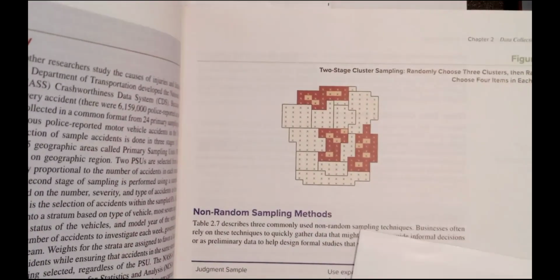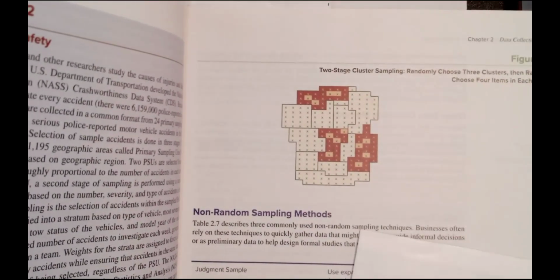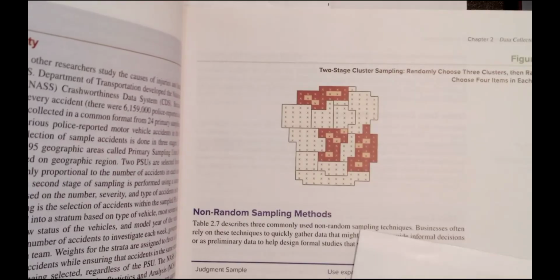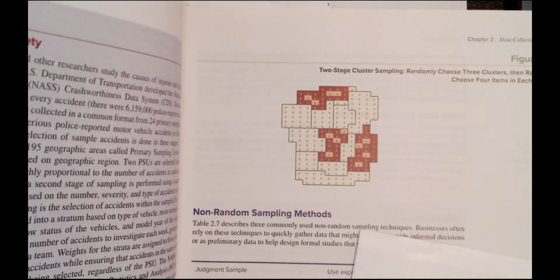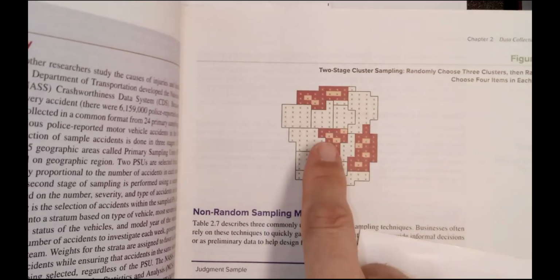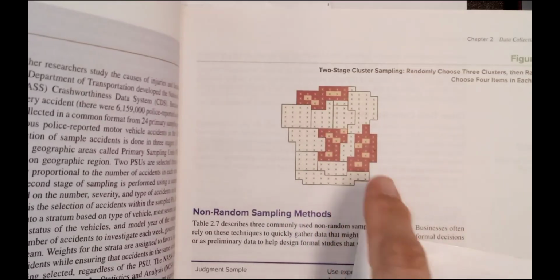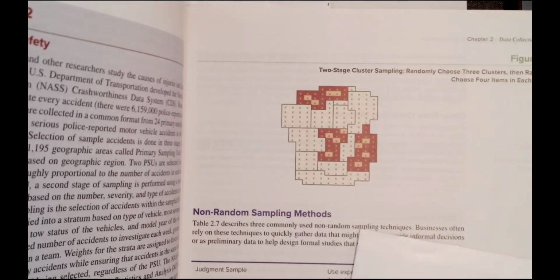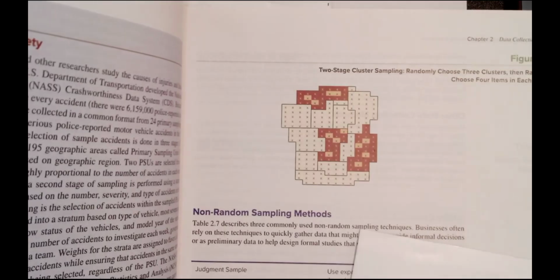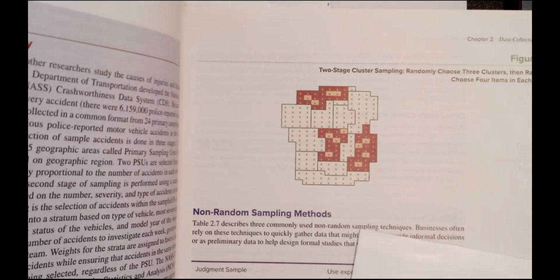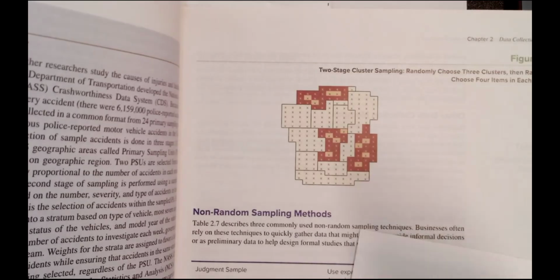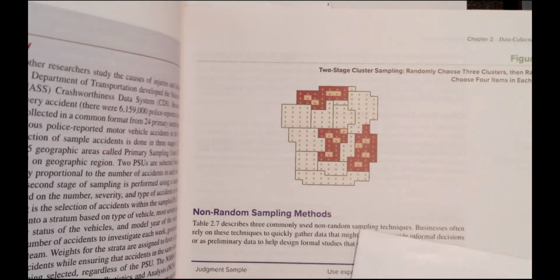I'm going to sample 4 people from each of the 3 districts. Those 4 people were randomly selected from each of the 3 districts, but I only chose 3 districts out of however many there are.